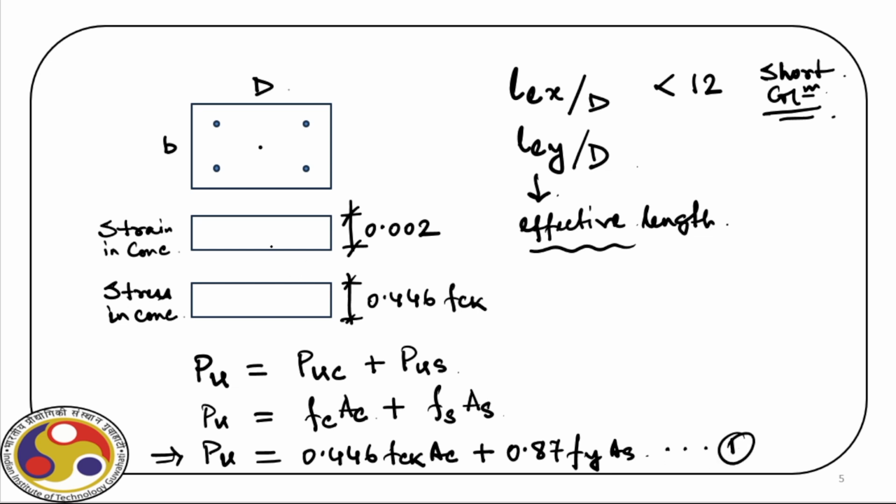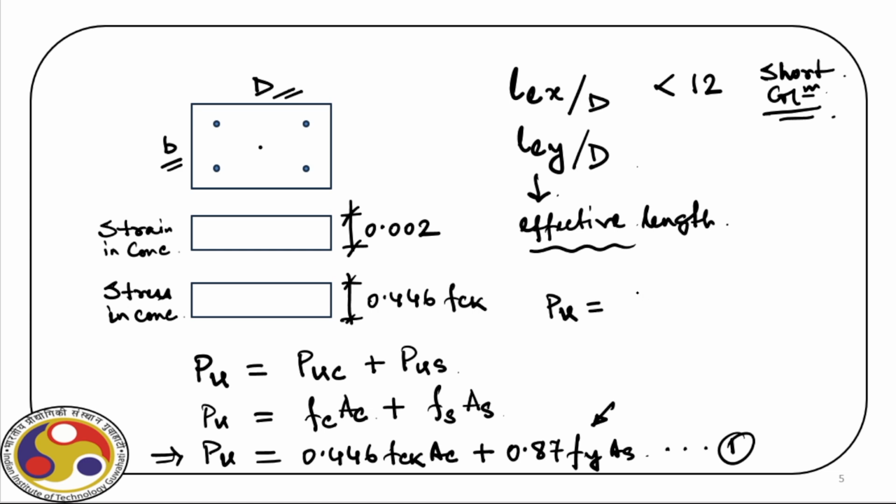Now, for a given cross section where we know B and D, we can actually first check whether it is a short column or not. For the time being, let us assume that it is short column. Then for that short column, we can easily find out the sectional capacity using this equation 1. Now, as you can see here, we can write this sectional capacity Pu in this compact form.